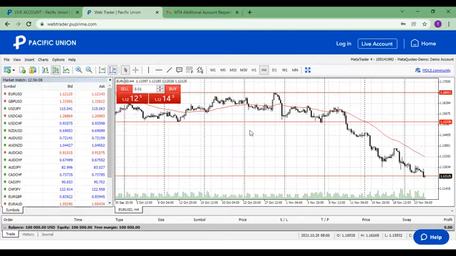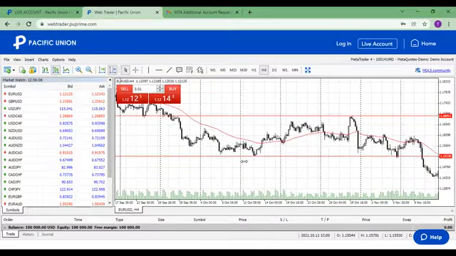So let's see if price has tested this dynamic zone. So you notice something at this point. Okay, let's go back in time and see. Price actually respected it here as support, but it was actually a breakout at this point.